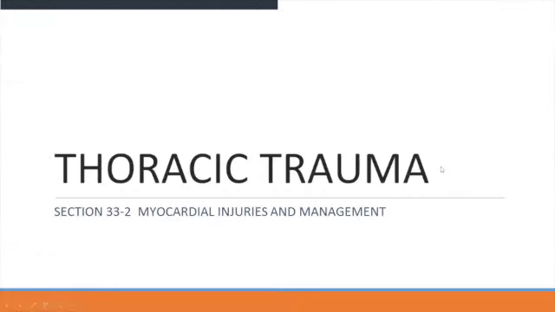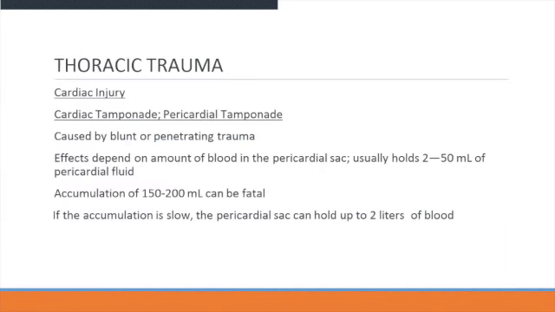All right, so thoracic trauma, the myocardial injuries and management. Cardiac injuries: usually what we're talking about is cardiac tamponade, the pericardial tamponade, usually caused by blunt or penetrating trauma. Effects depend on the amount of blood in the pericardial sac.